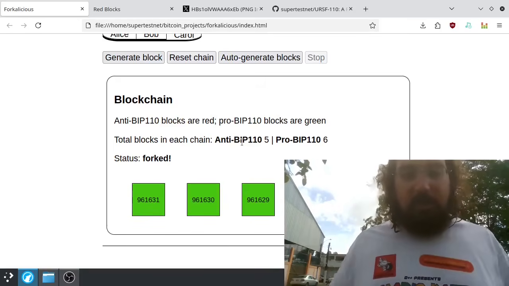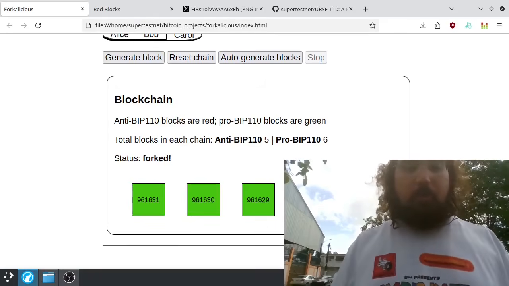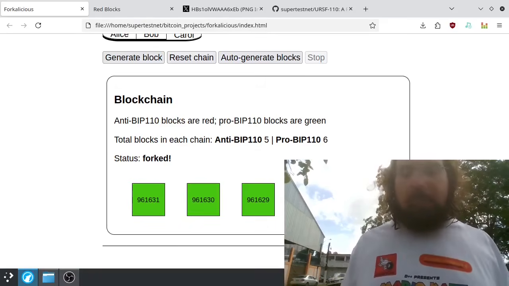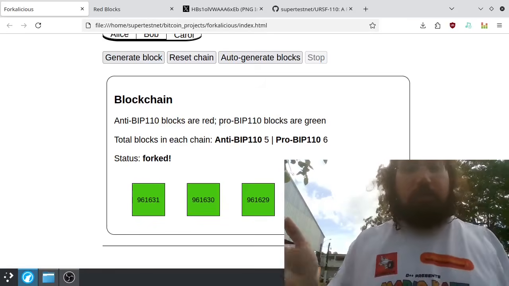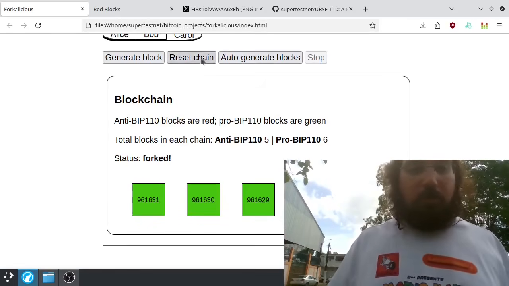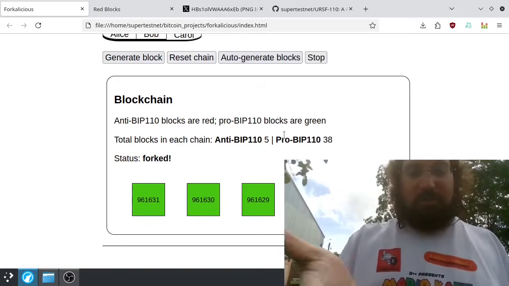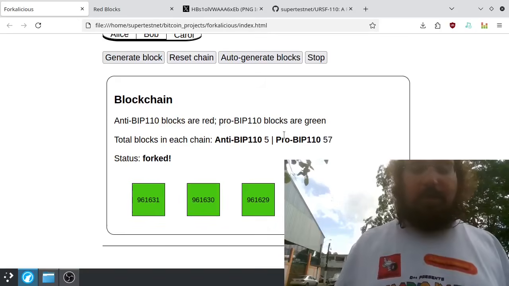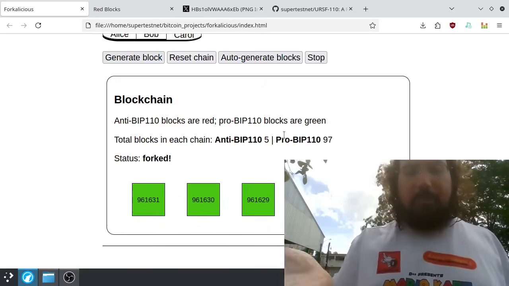It's more forgiving, and it allows even over 1,000 blocks in a signaling period to be pro BIP 110 before it starts rejecting them. But I didn't want to make the software where you have to wait 1,000 blocks before you see anything happen, because even when I'm auto-generating, it's not that fast. It's not going to go up to 1,000 very quickly. So I made it so that her node starts rejecting them immediately. I think that's fine for a demo.